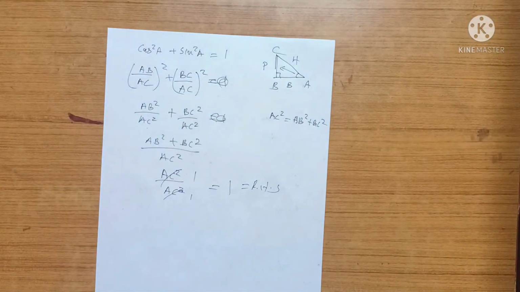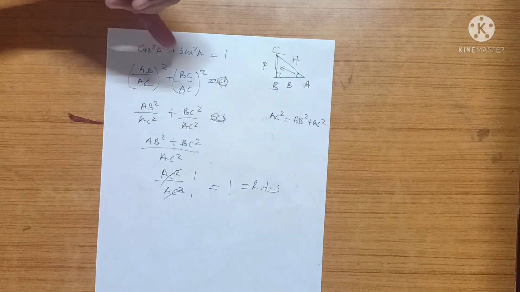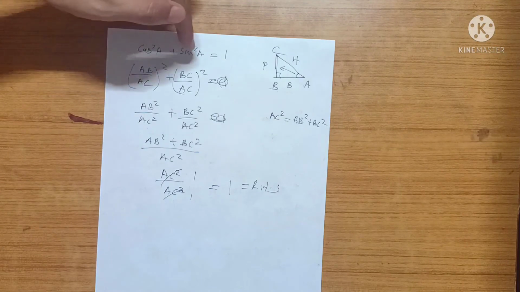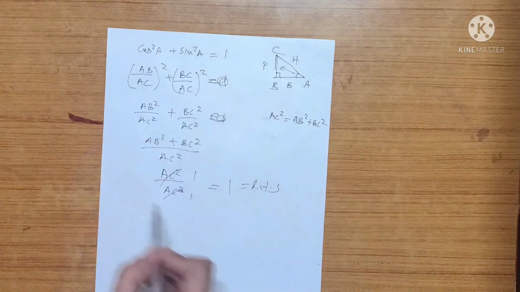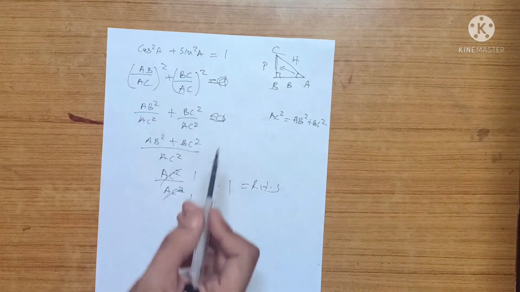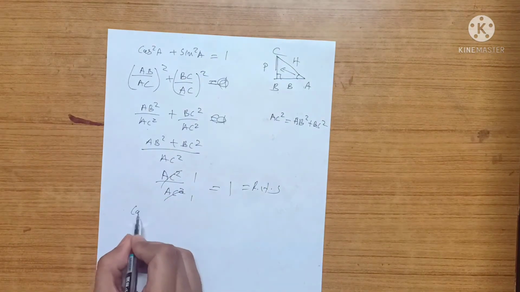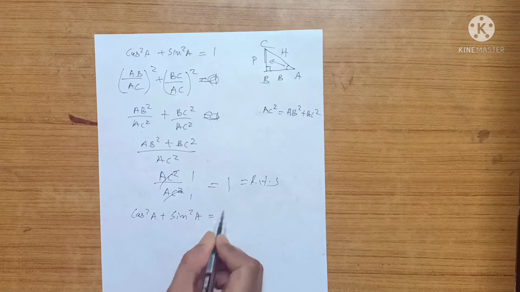No matter what the angle is, even if you put 90 or 0 or 45 or 30 or 60, you put the values of cos 60 and sin 60, square them and add, and you will get 1 no matter what, because this is how we are getting 1. So no matter what the value of A is, you will always get 1. That is an identity: sine square A plus cos square A equals 1.